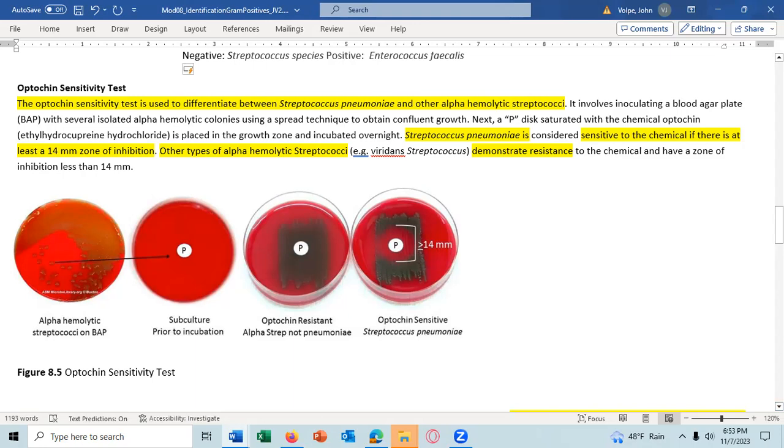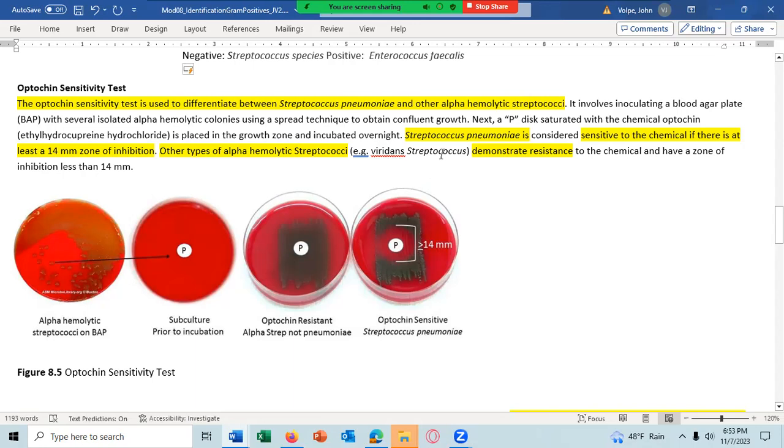If it is a Streptococcus which is alpha hemolytic and is not sensitive to optochin, then it is another alpha hemolytic member of the family Streptococcus.